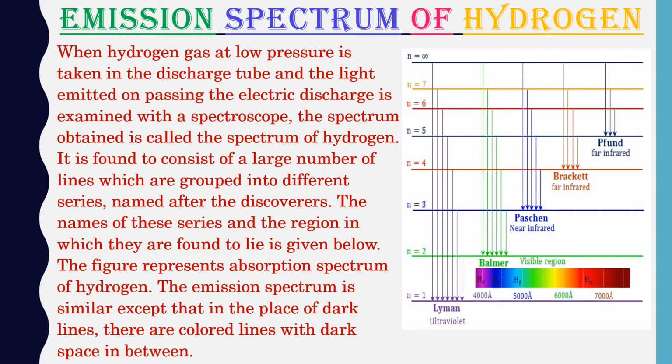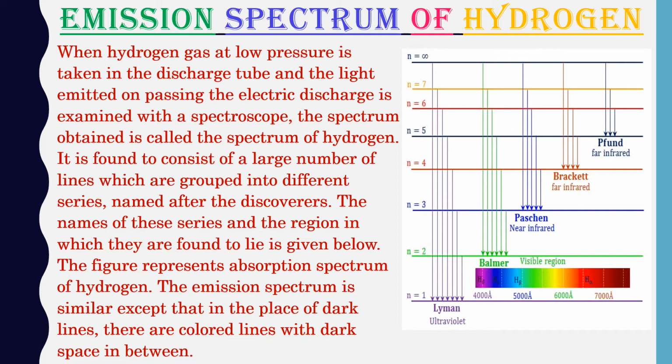You can see over here the series of the emission spectrum of hydrogen, and these series are named after their discoverers. So the names of these series and the region in which they are found, you can see over here.